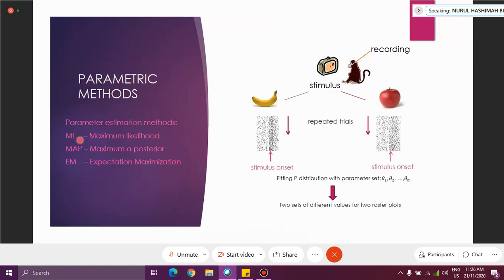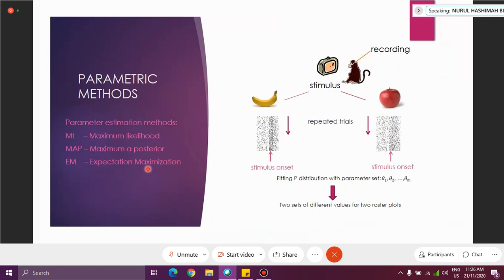The methods are maximum likelihood, maximum a posteriori, and expectation maximization. I'm not going to go through all of these methods in detail. I'll just go through the notation on probability.